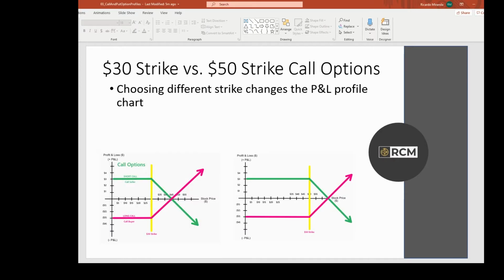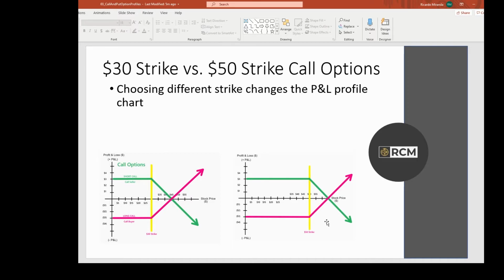Note that when you choose a different strike for your option, you're trading at a different profile. For example, if you choose to trade the $50 call, as in this graph, instead of the $30 call, the P&L profile looks like this. So what does this mean?